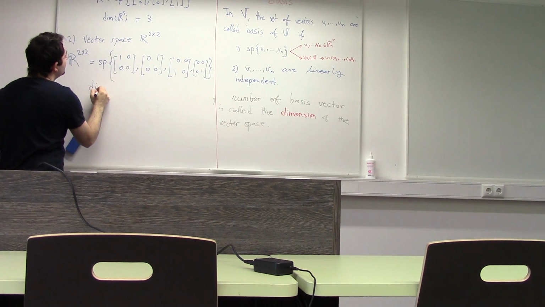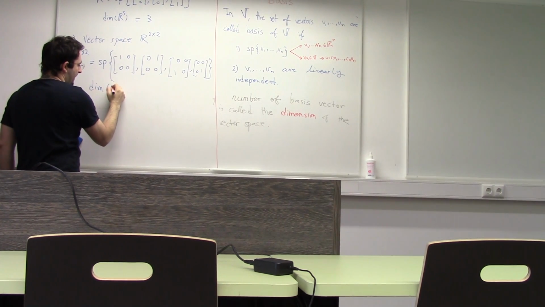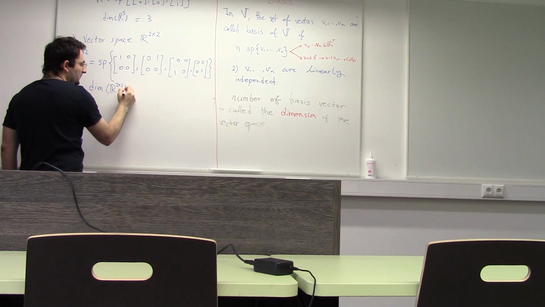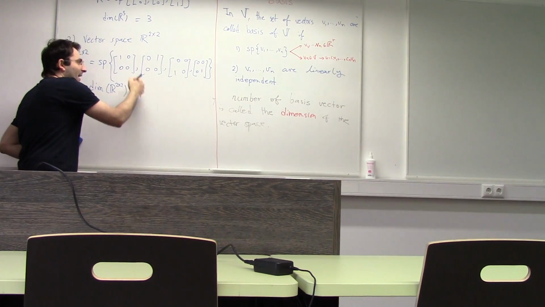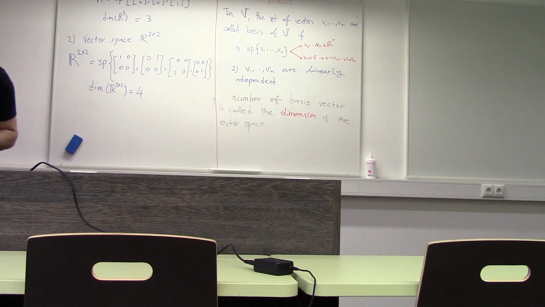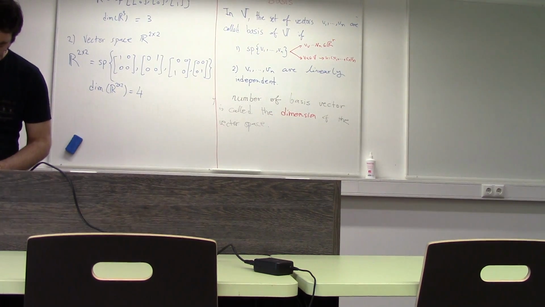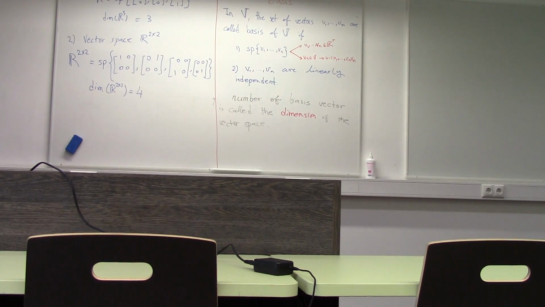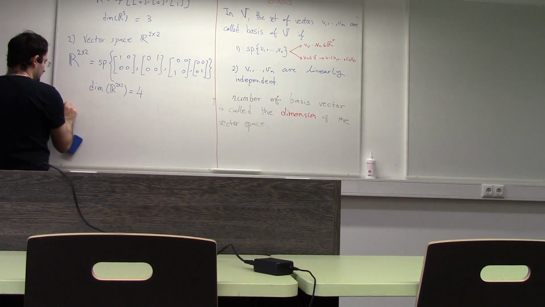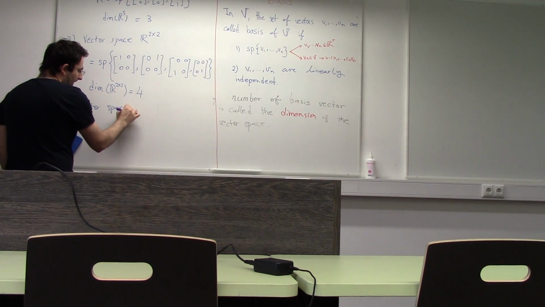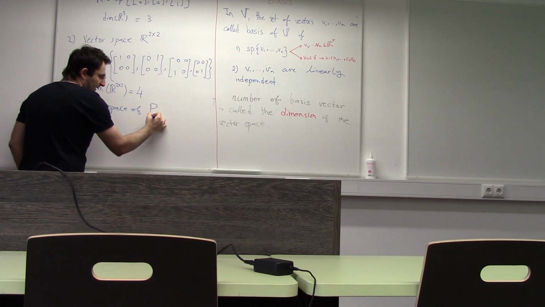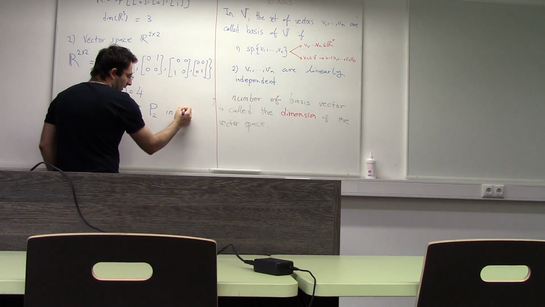And what is the dimension of R 2 by 2? Cool, 4, because we have 4 elements. And we can see that all of them are linearly independent. Vector space of P2 in R.